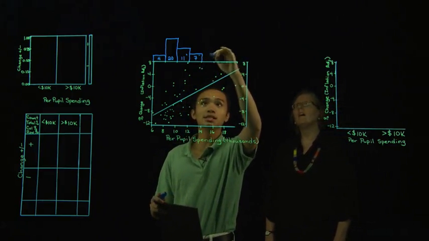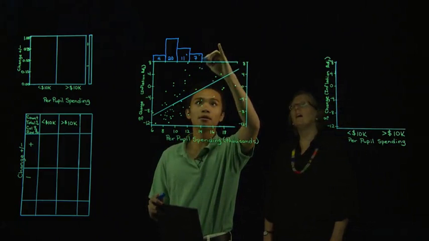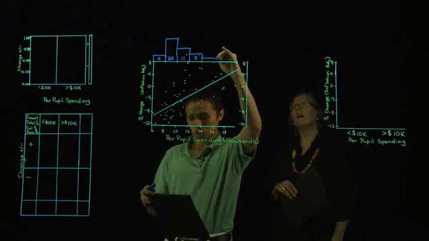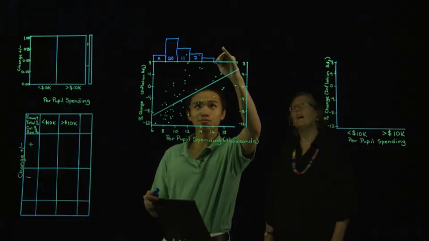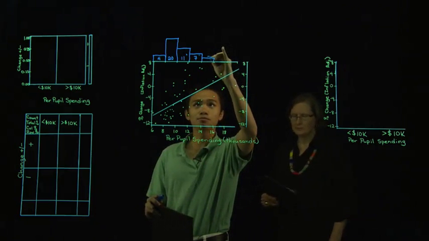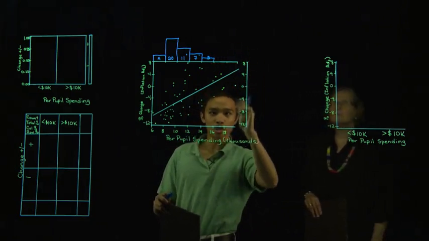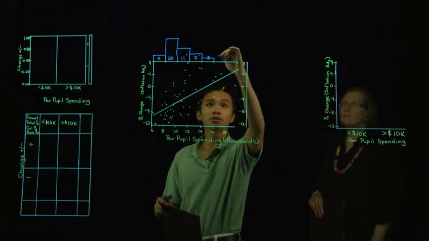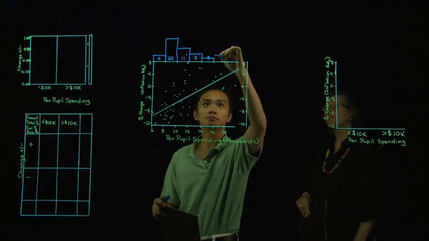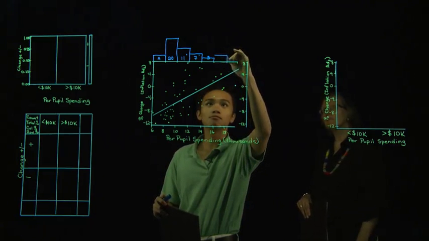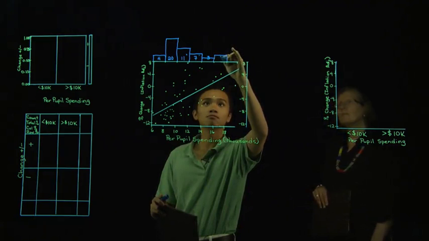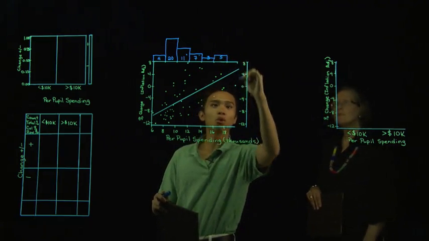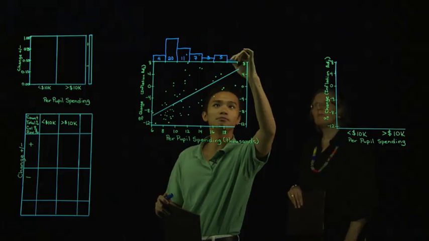Between 14 and 16 we have just about 3 points. We have 5 points between 16 and 18. And we have one final point in our last bin.